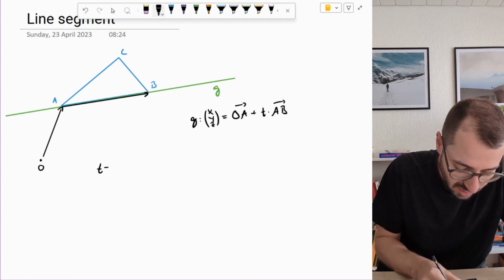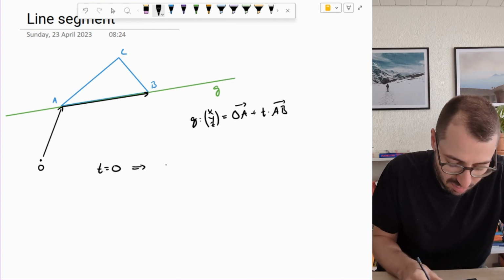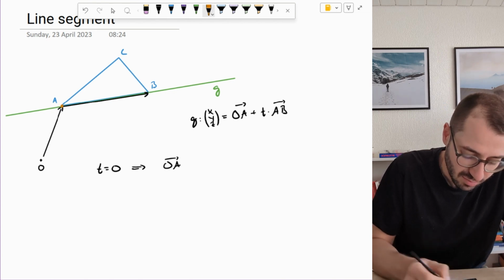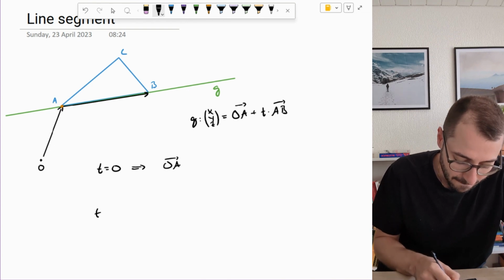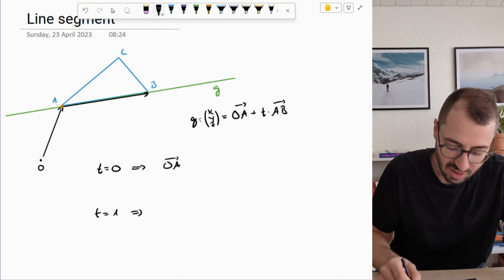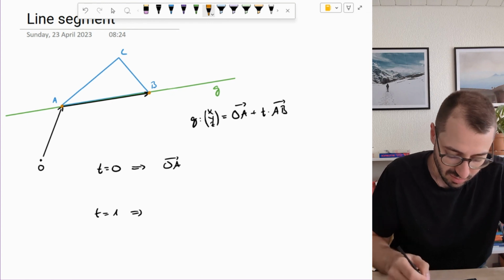So for t equals 0, you end up at the point A. So you get the position vector of the point A, right? So you would end up here. If you plug in, let's say 1 for t, then you end up at OA plus 1 times AB, so you end up here.